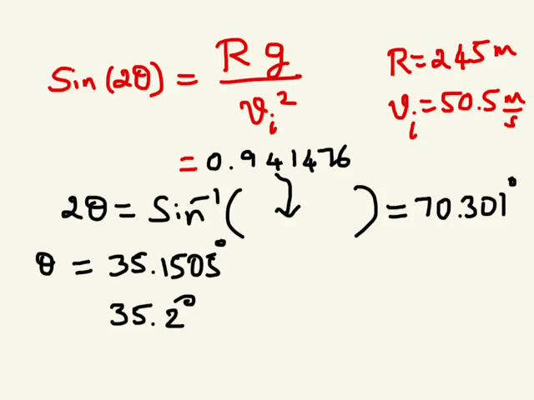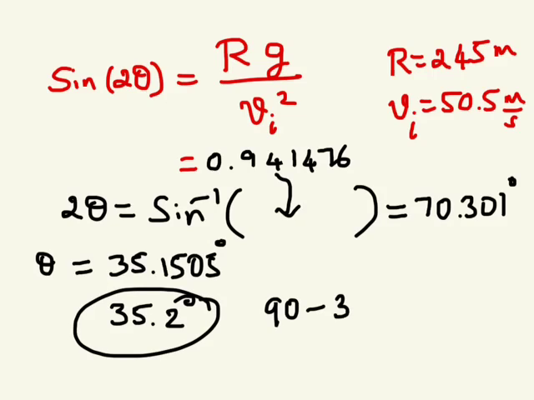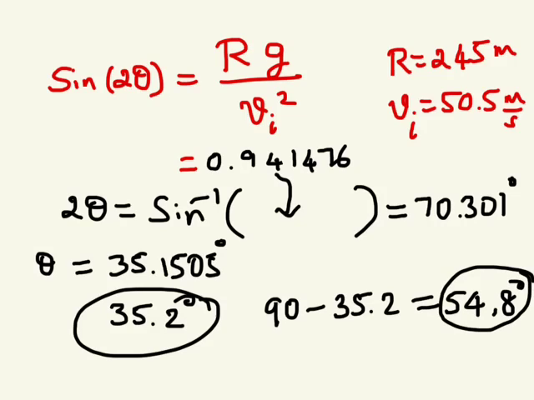So that's one of the angles that gives me this range of 245 meters. And the second angle is its complementary angle, which is 90 minus 35.2, and that's my 54.8 degrees. So these are the two angles which have the same range of 245 meters.